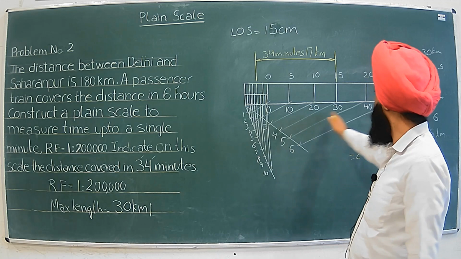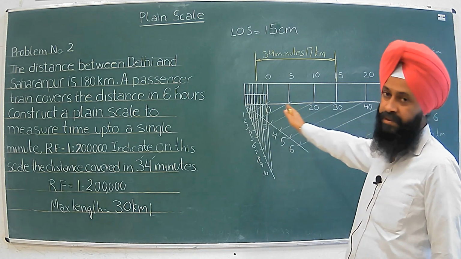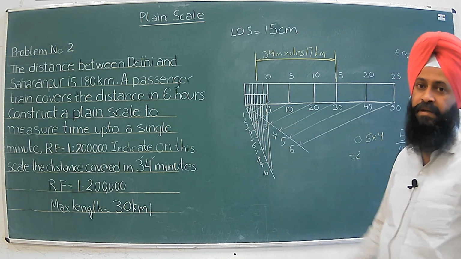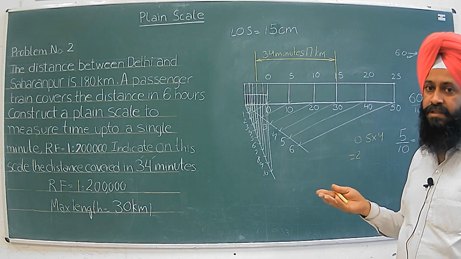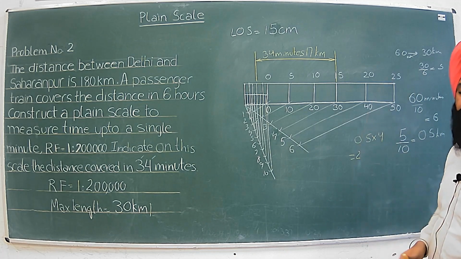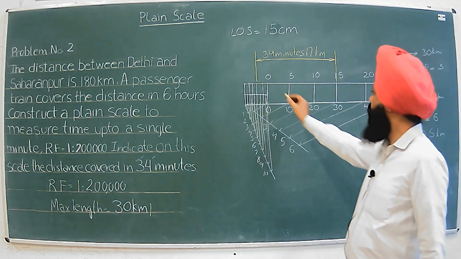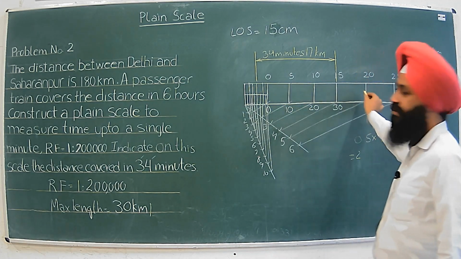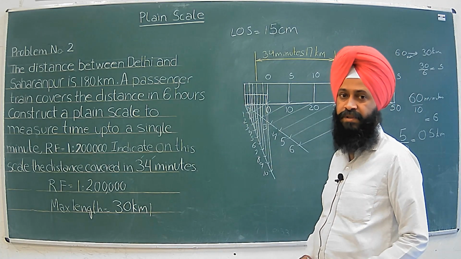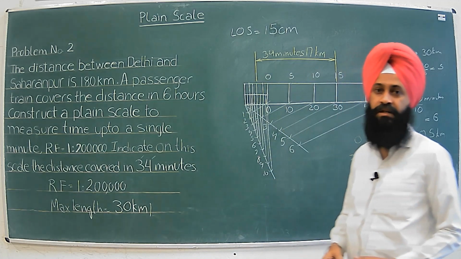So we divide the 60 minutes into 6 equal parts, the bigger part representing 10 minutes and each smaller portion representing a single minute, and we converted that into distance by the relation that the distance covered in 60 minutes is 30 kilometers. So each bigger part is representing 5 kilometers and each smaller part is representing 0.5 kilometers. So the distance corresponding to 34 minutes is 17 kilometers.